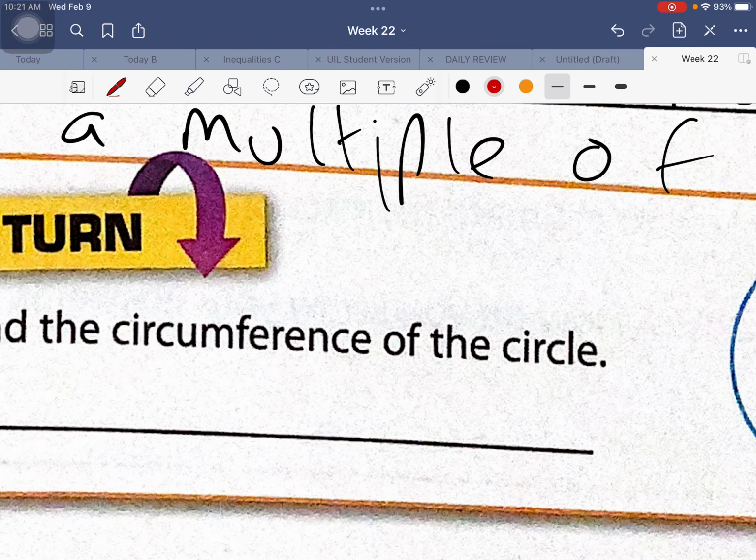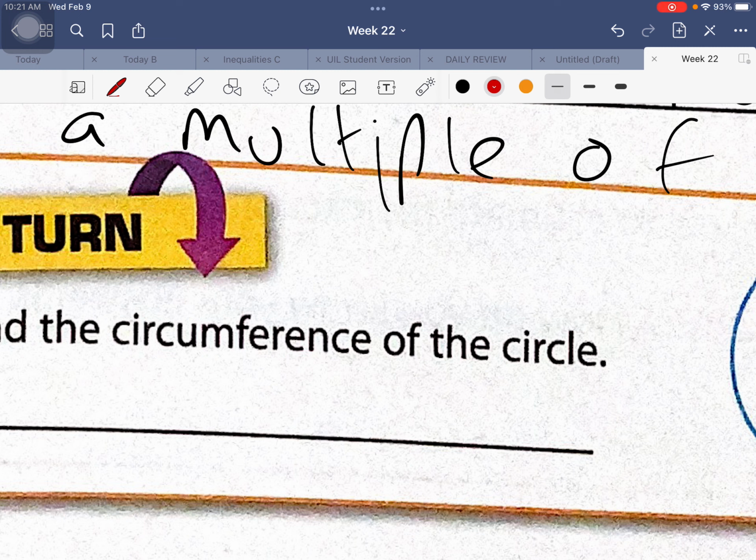So what formula are we going to use, guys? Check your formula chart. You're going to use it every day, so I think you would benefit if you get used to it. What formula are we going to use for finding the circumference? I can wait, you guys.